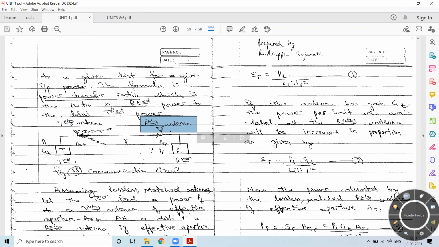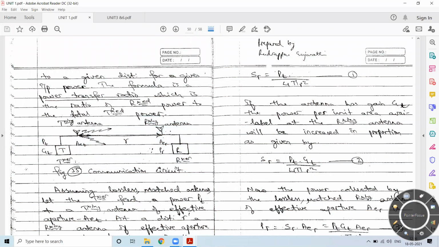Whatever power is radiated by the transmitting antenna has to be intercepted by the receiving antenna and then delivered to the receiver load, and then you perform the required operation. If PT is the power transmitted from the transmitter end, and PR is the received power at the receiving end, then what is the relation between PR and PT? That is what we have to check in the Friis transmission equation.